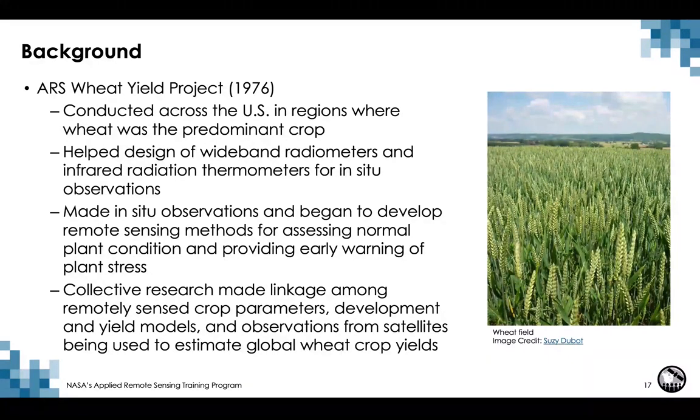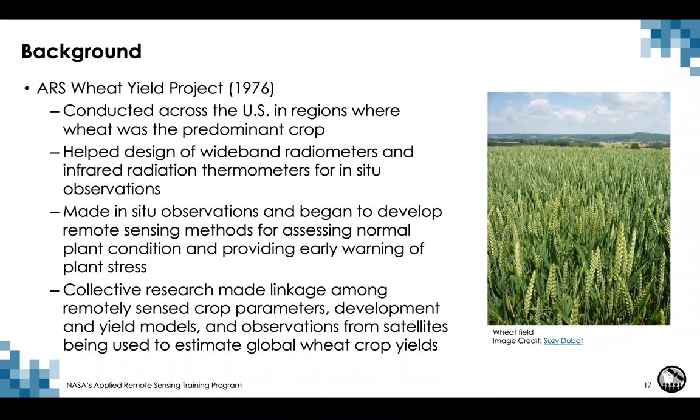At the same time as LACIE, in 1976, USDA's Agricultural Research Service was conducting their Wheat Yield Project. This was a multidisciplinary and multi-institutional group of scientists from the USDA ARS, NASA, Purdue's Laboratory for Applications of Remote Sensing, and elsewhere.